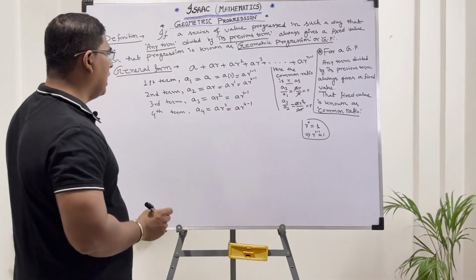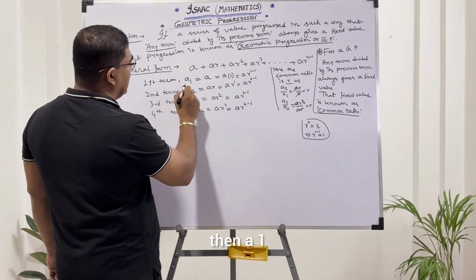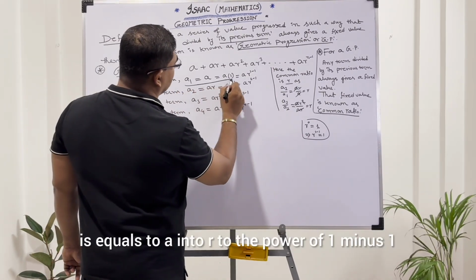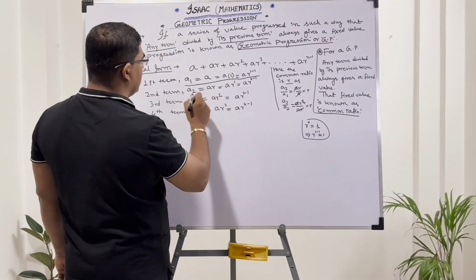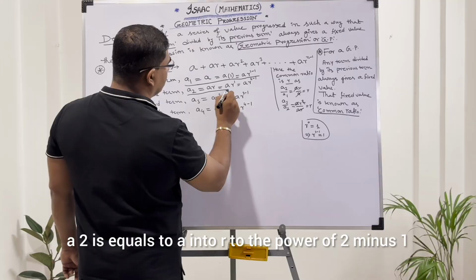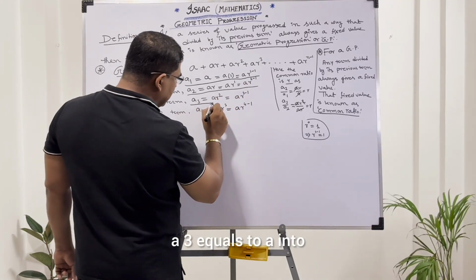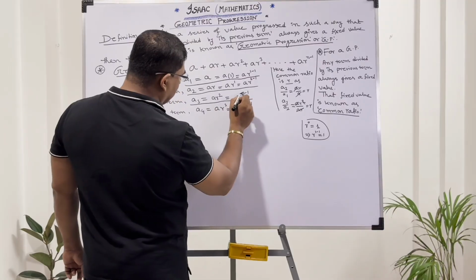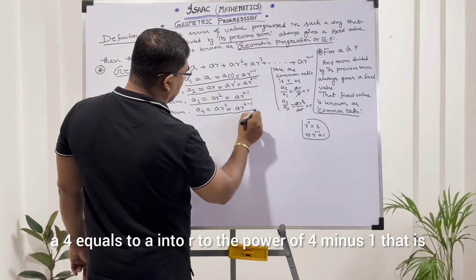Now, if we follow these terms, then A1 equals A into R to the power of 1 minus 1. A2 equals A into R to the power of 2 minus 1. A3 equals A into R to the power of 3 minus 1. A4 equals A into R to the power of 4 minus 1.